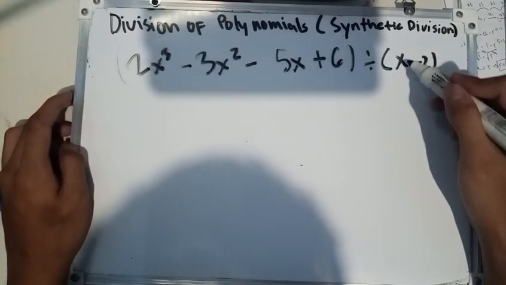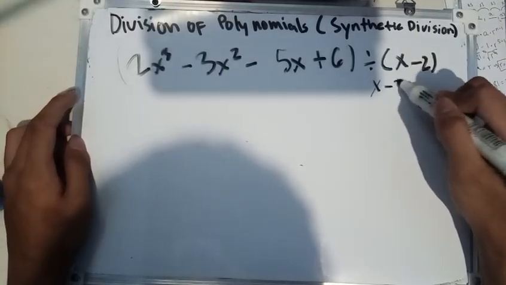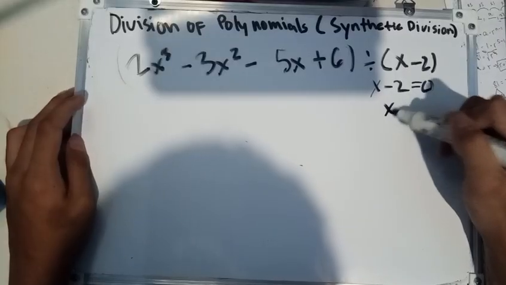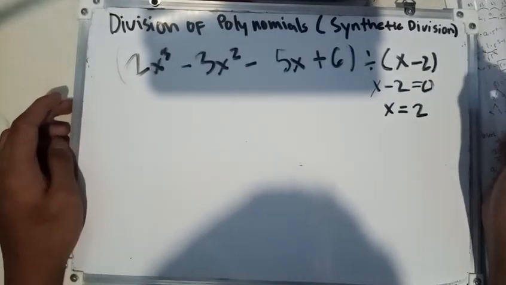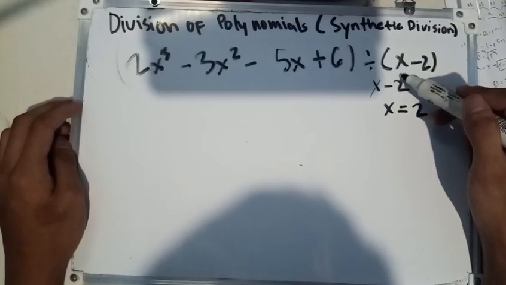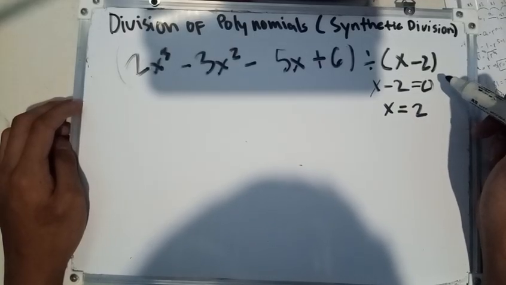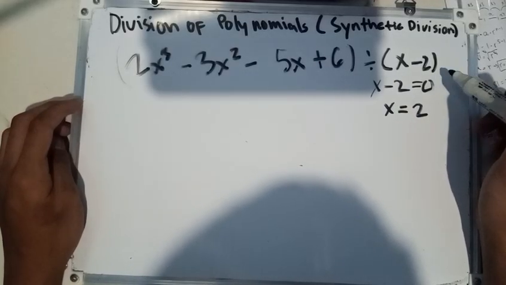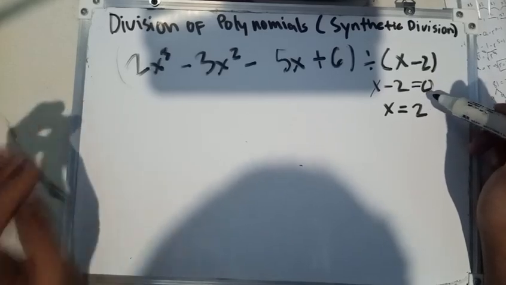So first step, again, is to equate our divisor to 0. Since we will transpose negative 2 to the right side, negative will become positive. Therefore, x is equal to positive 2.